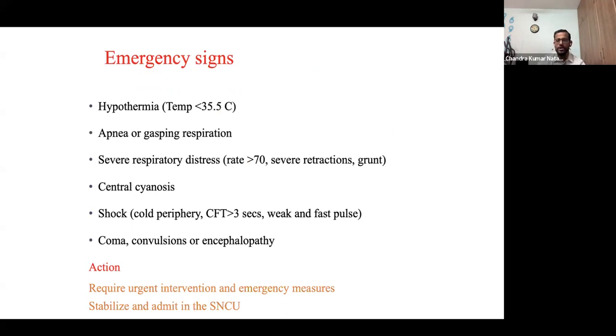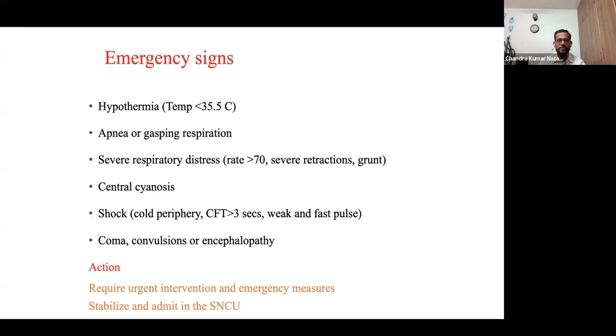These are moderate or severe hypothermia; the baby being apneic or presenting with gasping respiration; severe respiratory distress, that is rate more than 70, retractions, grunt; central cyanosis; shock with cold peripheries, CFT more than 3 seconds, weak pulse, tachycardia; or convulsions, encephalopathy, or coma.